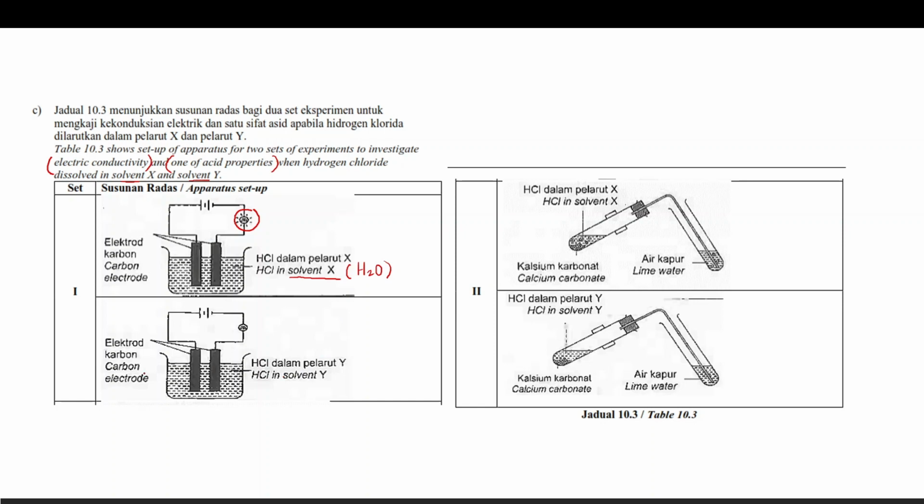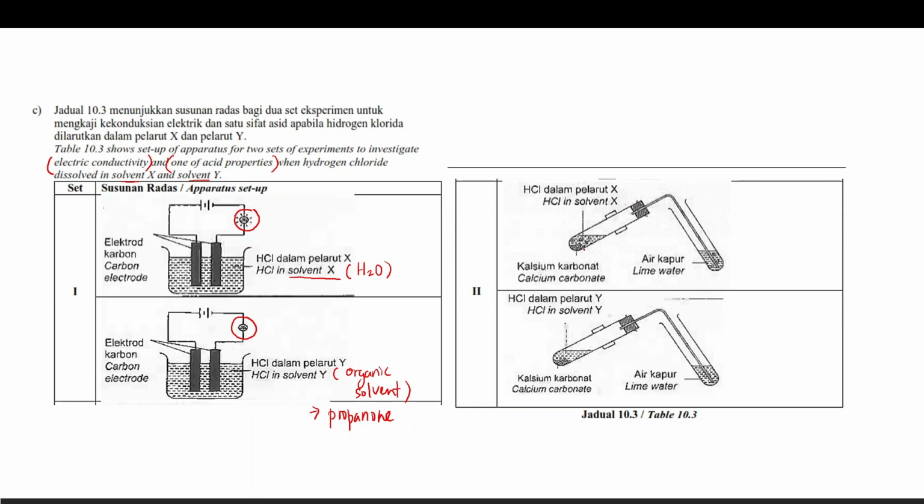Then for solvent Y, you can see the bulb does not light up. So in solvent Y, this should be any organic solvent, for example propanol. Then set 2 would be the same concept.